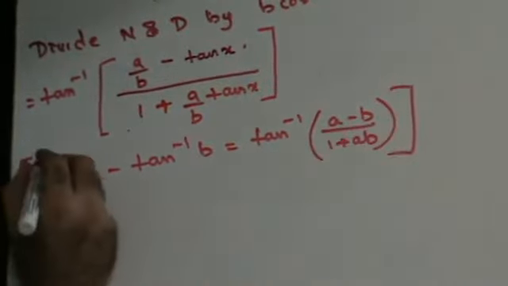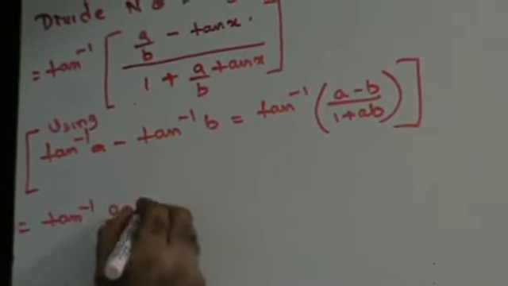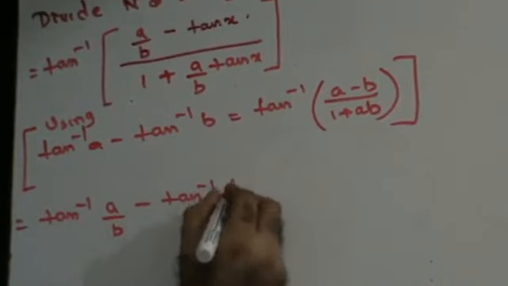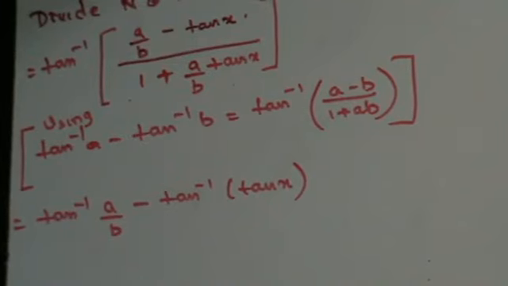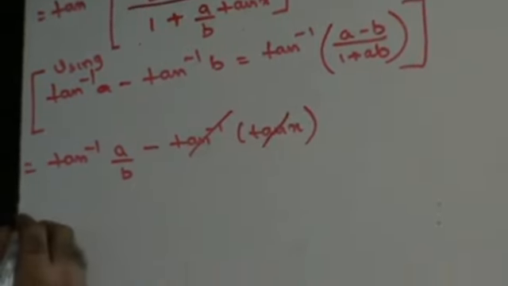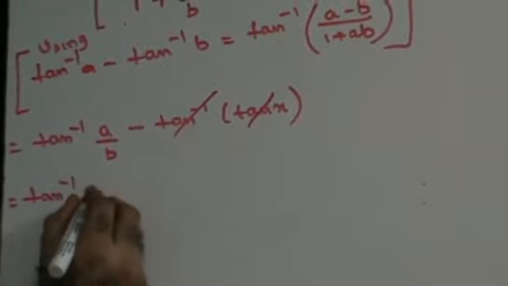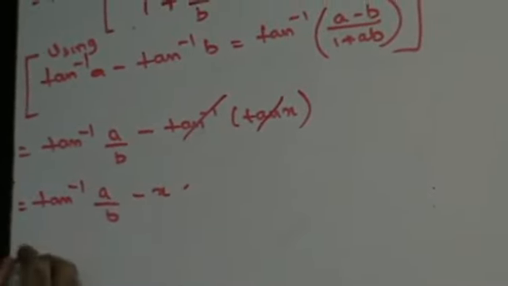If I use this formula, this will become tan inverse of a upon b minus tan inverse of tan x. Tan inverse and tan get cancelled, so your answer is going to be tan inverse of a upon b minus x. Next, let's see another sum, guys.